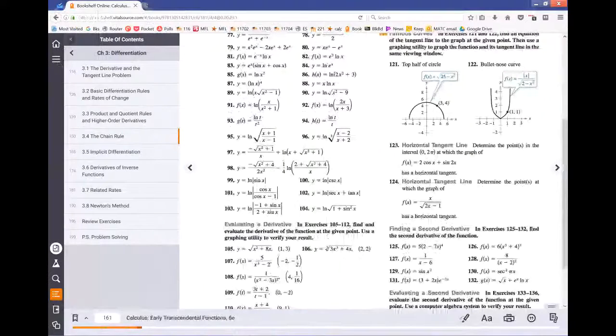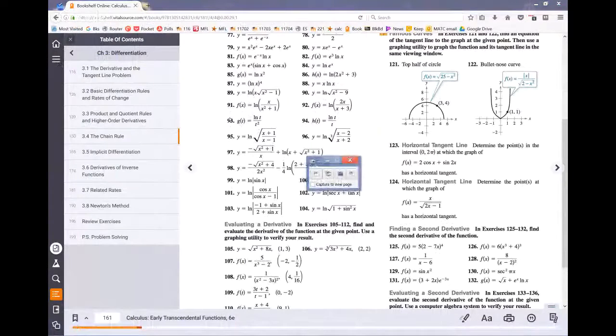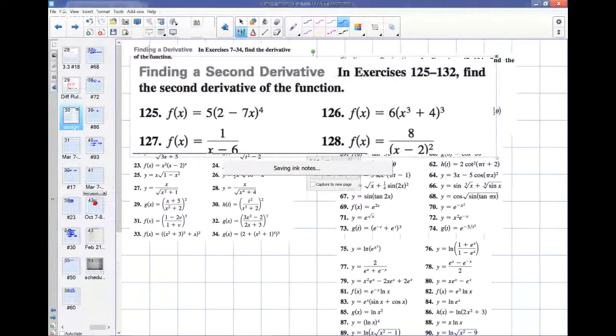Second derivative. Okay, so let me just quickly grab this. And then I need my keyboard again.